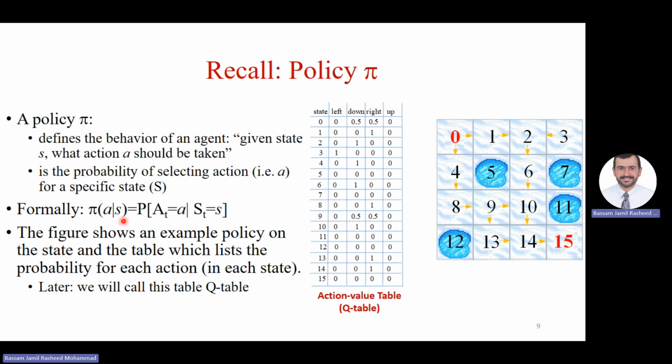Okay, all right. So this is basically the policy as we discussed in previous classes. The figure shows an example policy on a state and a table that lists the probabilities. Now this will later be referred to as a Q table. The Q table here becomes the action values.